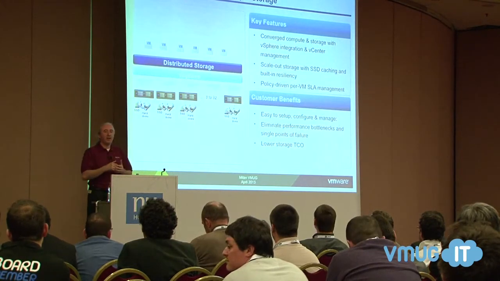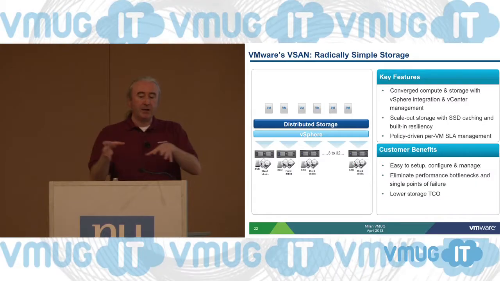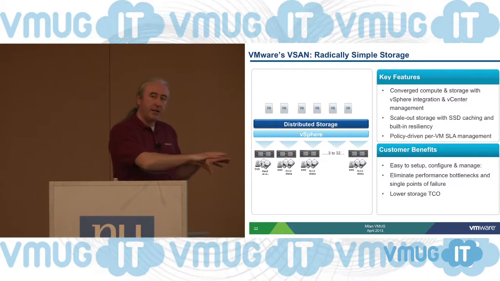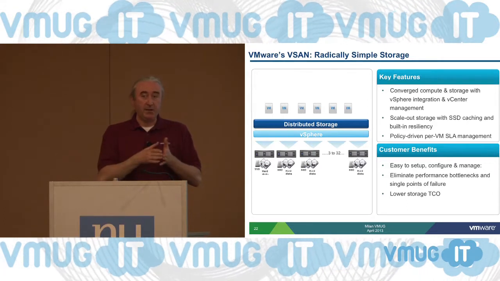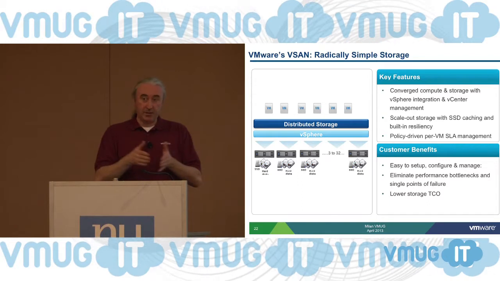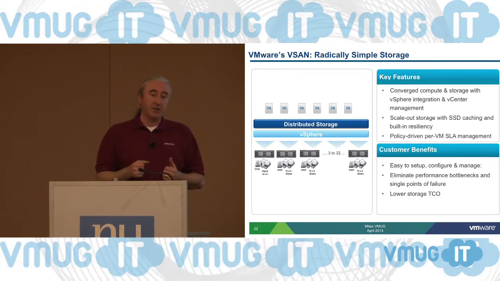You will put all this information into your policy, and when you instantiate the virtual machine, the policy gets pushed down to the vSAN layer, and then that instantiates the virtual machine disk file across the vSAN distributed storage data store based on the requirements that you put into the policy.